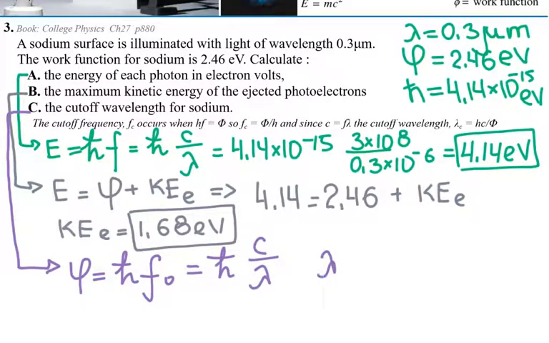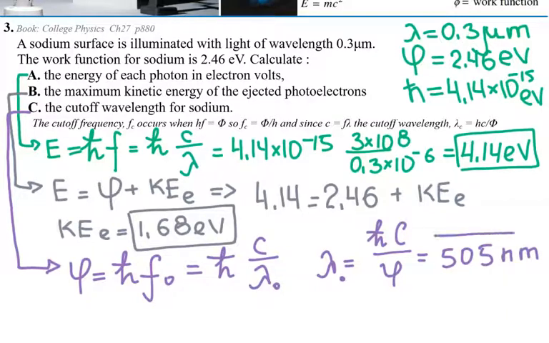Then lambda, the threshold cutoff wavelength they ask for, is equal to hc divided by the work function. And if I plug in my numbers, it looks like it's going to be 505 nanometers, nano 10 to the negative 9.